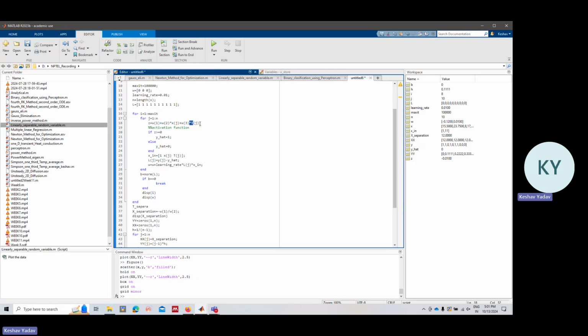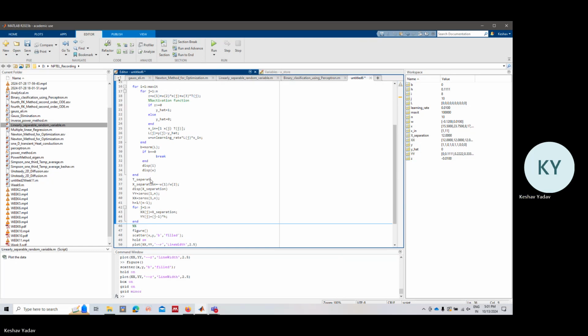So from here, if I find the T value, my T separation will be minus W1 divided by W2 multiplied by X, plus minus W0 divided by W2.